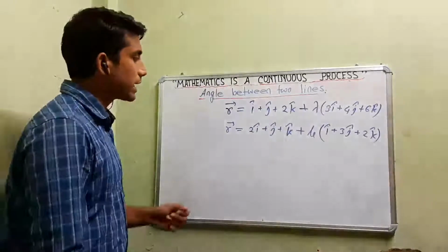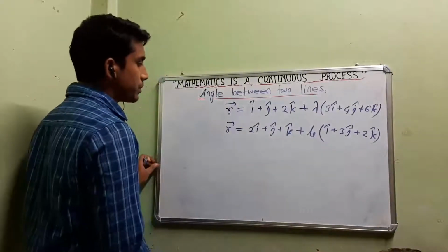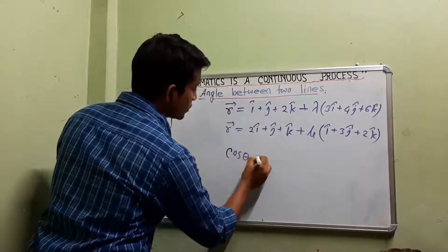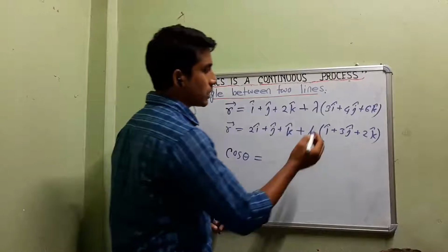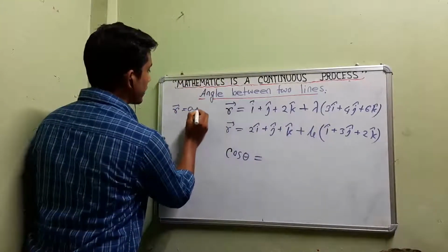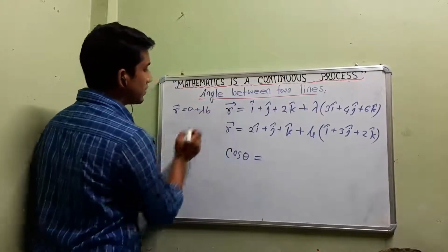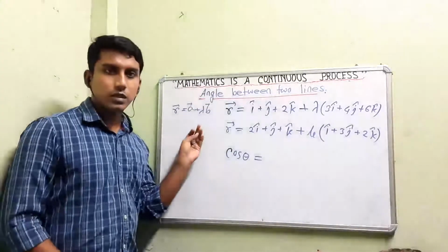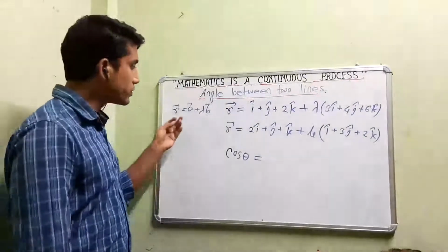So the angle between them is given by cos theta. Suppose you compare the first straight line, r vector equal to a plus lambda b. This is the vector equation of a straight line in space.